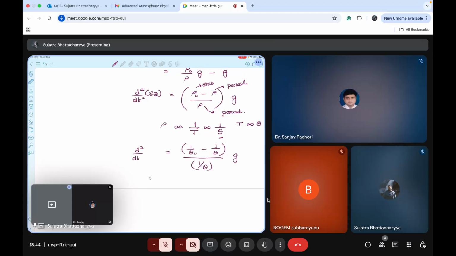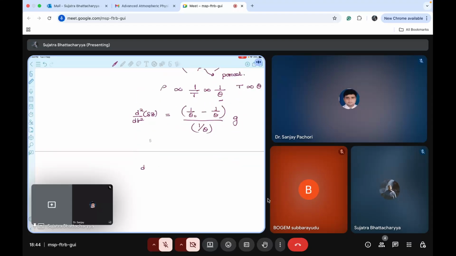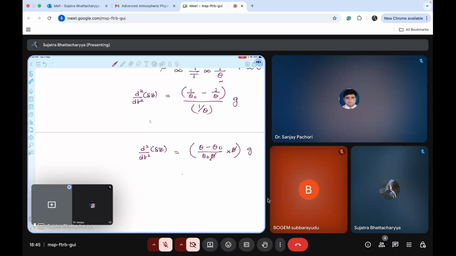Now d2 dt2 of delta z is theta minus theta naught, I'm taking the LCM, so this is for the parcel minus for the environment, divided by theta for the environment, times g.